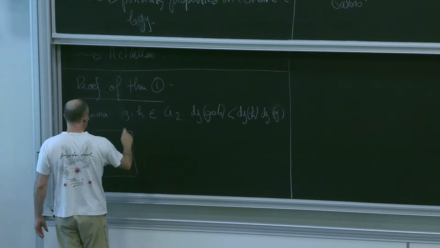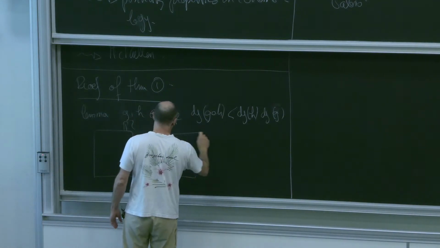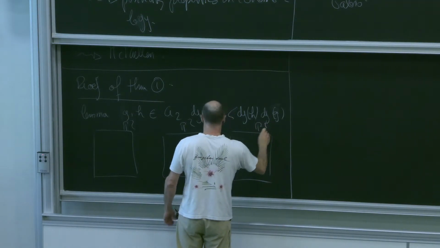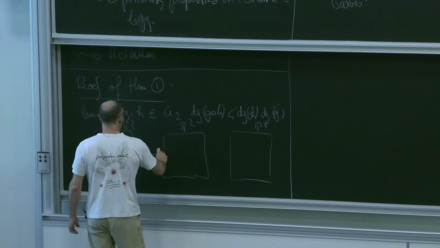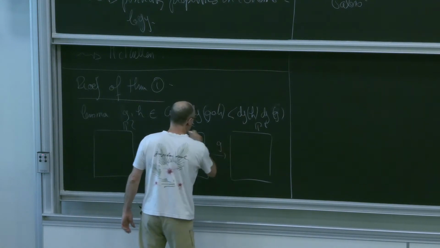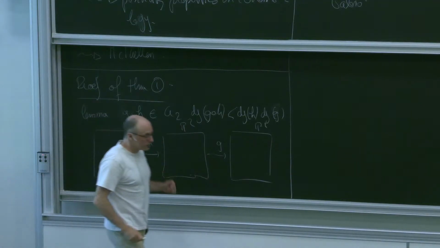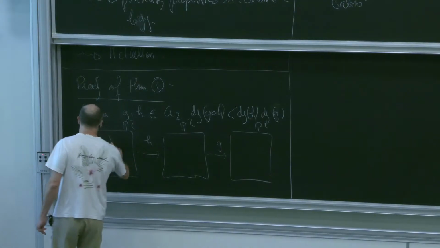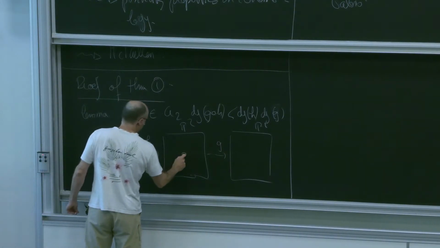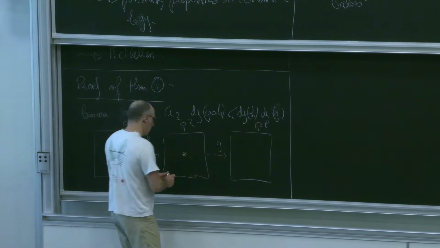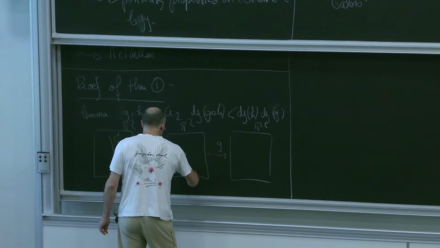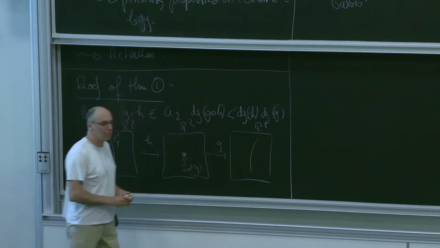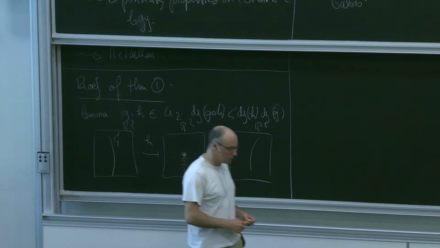So this is P2, again P2, again P2. Here's H, here's G. If this happens, then you can find a curve, let's say C, which is contracted to a point by H, and this point belongs to the indeterminacy set of G, meaning that its total image has to be positive dimensional. So this is what I explained.